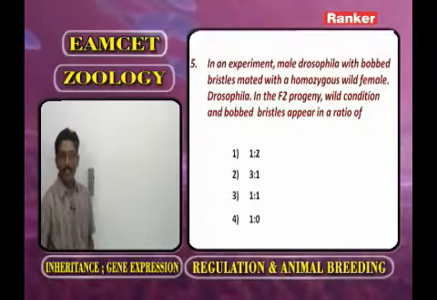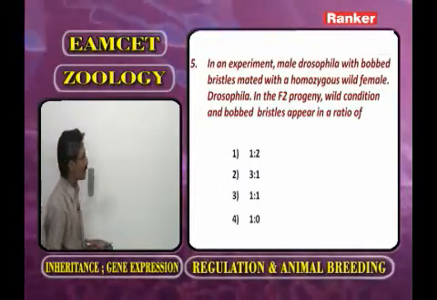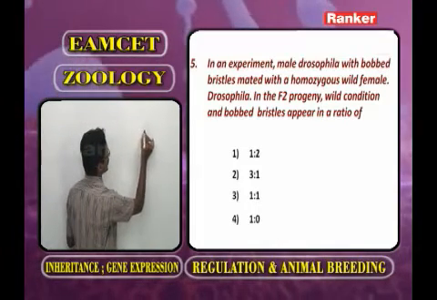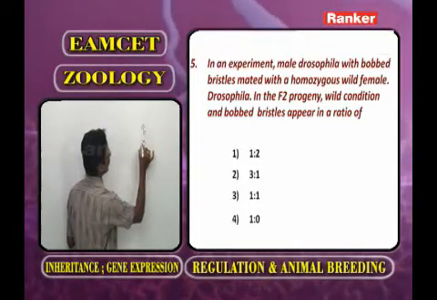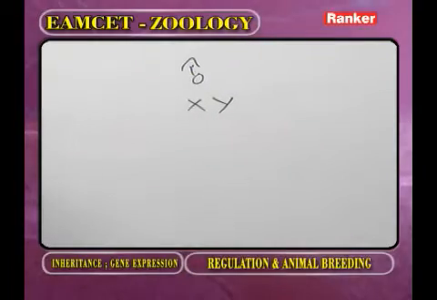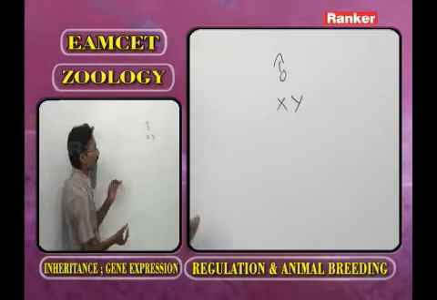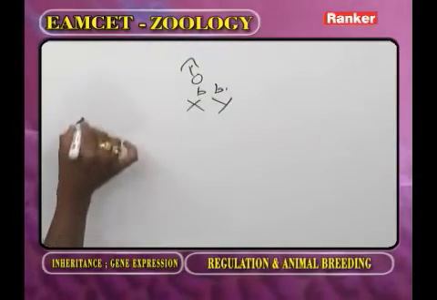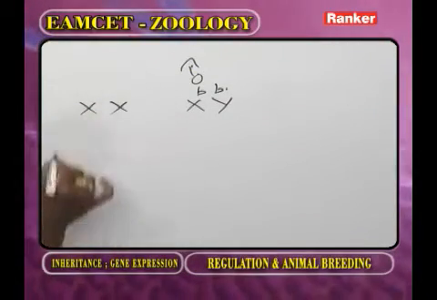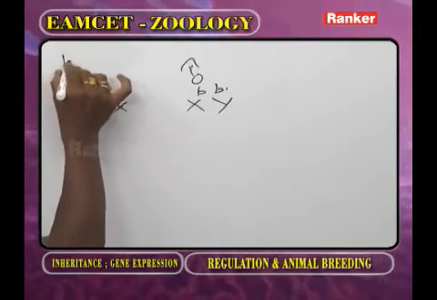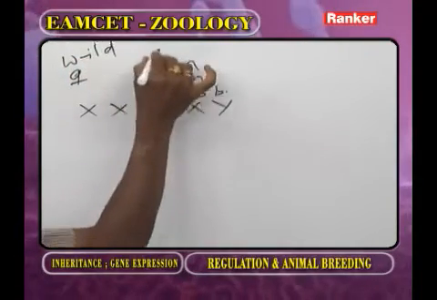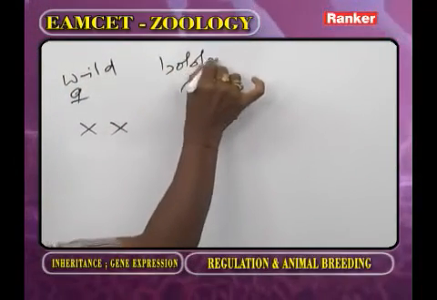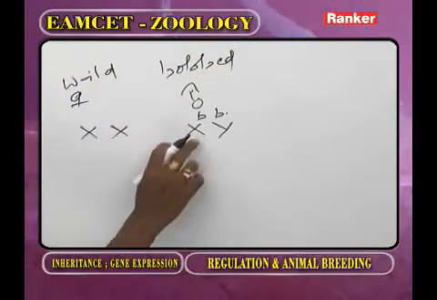Now here is the male Drosophila with bobbed bristles. The bobbed bristles are controlled by a recessive gene, small b, present on both, crossed with the female. The female is said to be wild. The male is said to be bobbed. Now this is the genotype.